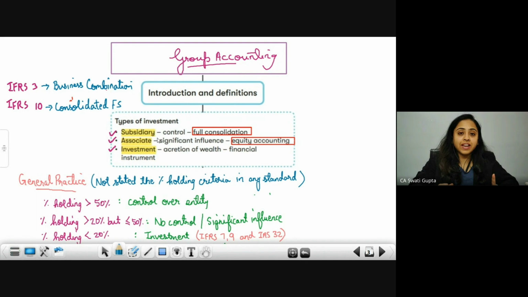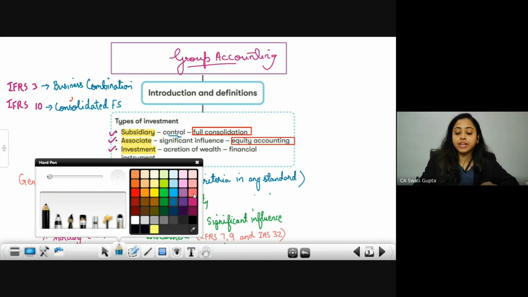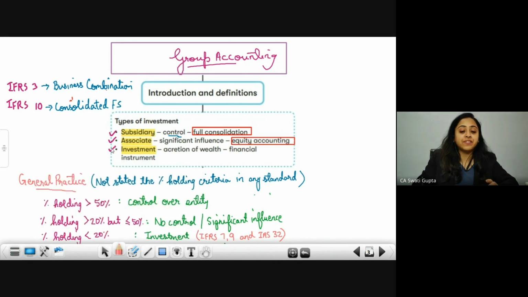To identify a subsidiary and a parent relationship, there should be control. Without control, we cannot say it's a parent and subsidiary relationship. In order to go ahead with consolidation, we are required to identify their relationship.